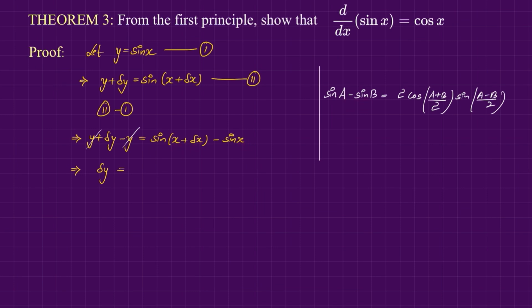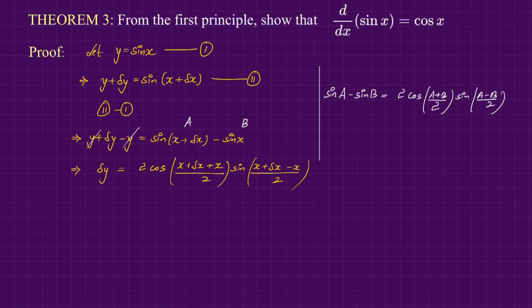So here if I compare, my a will be x plus delta x and my b will be x. We will have 2 cos of (a plus b) by 2, and sin of (a minus b) by 2.